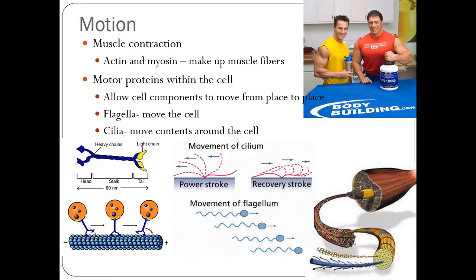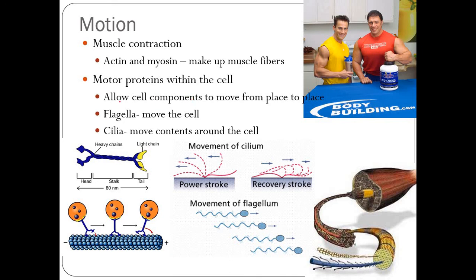Okay. And it's also involved in motion. So, for example, a muscle contraction, it uses up actin and myosin. These make up muscle fibers. So these are proteins also. So imagine the diversity of the function of protein. We have motor proteins within the cell. So this is within the cell.